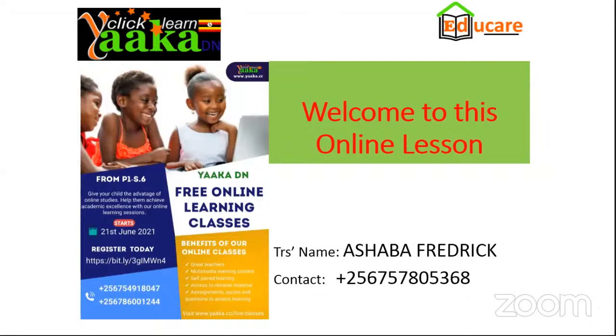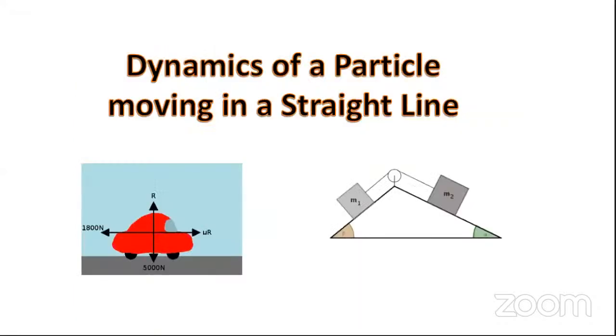I'm Teacher Ashaba Frederick. So today we are going to look at the dynamics of the particle, and our emphasis is on those particles that are moving in a straight line.